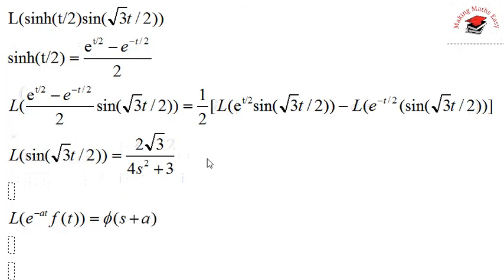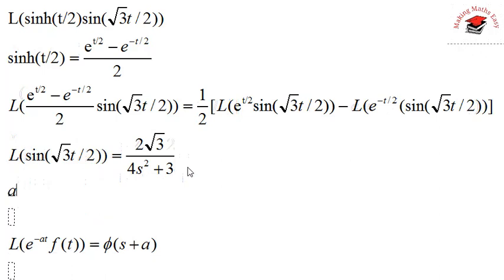So if we compare this equation with this first shifting equation, we will get the value of a: this a will be equal to minus 1 by 2 in this case. So we will put a equal to minus 1 divided by 2 in the given equation.